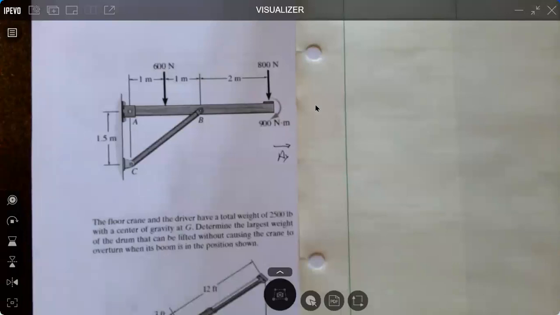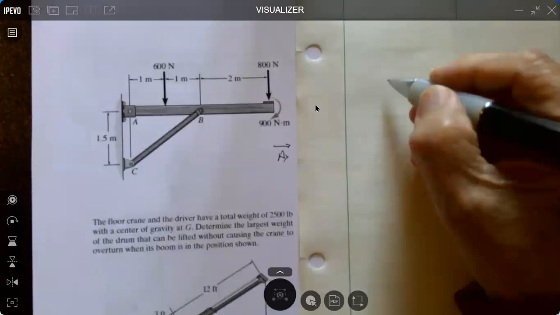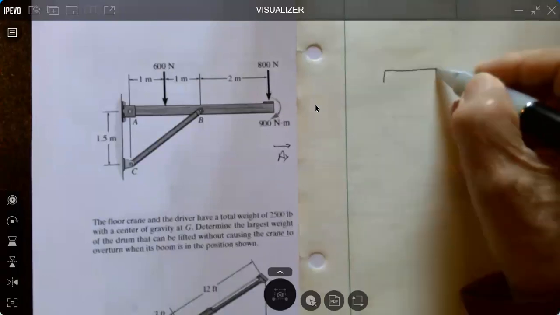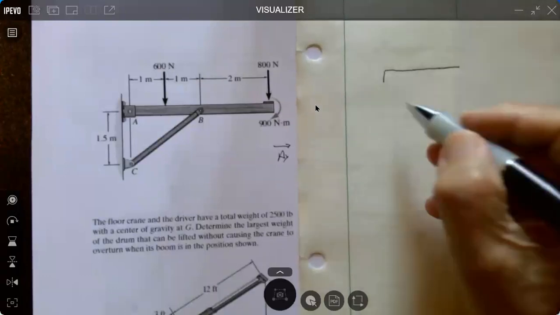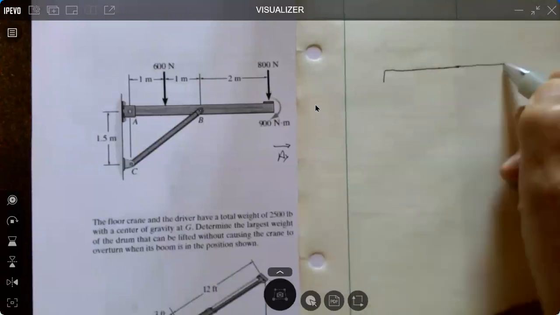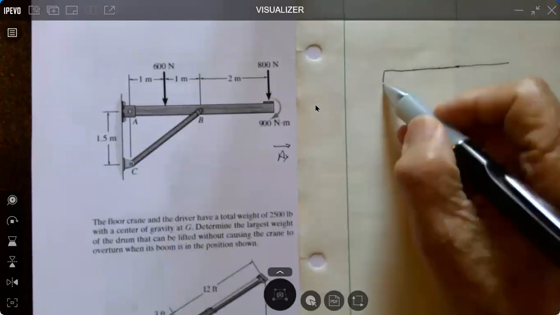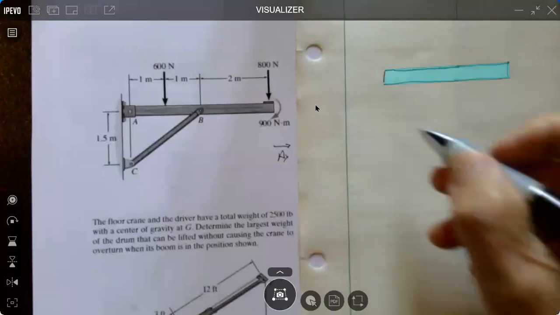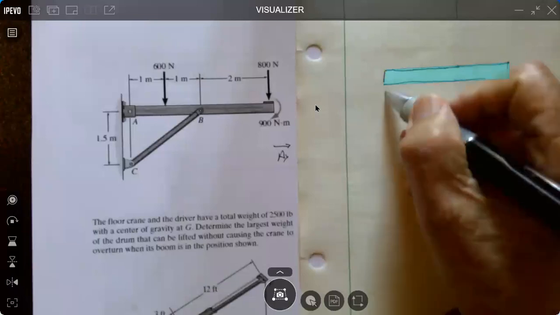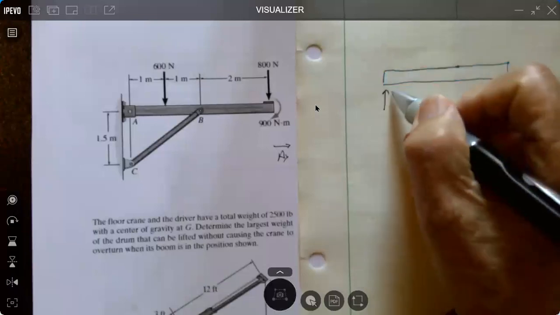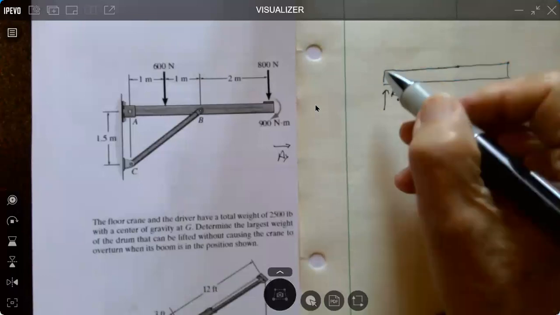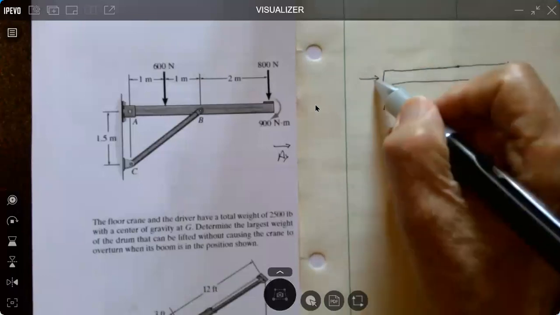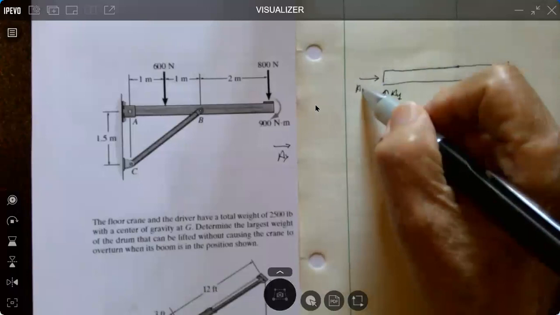So what we want to do is draw the free body diagram. And so we'll do that right here. I will have reaction A sub y, and I'll show my A sub x this way for now.